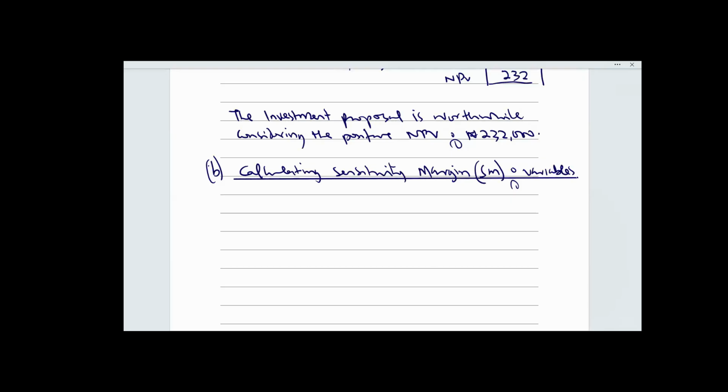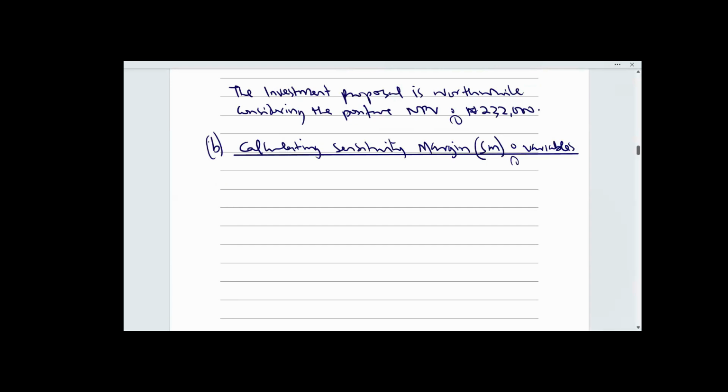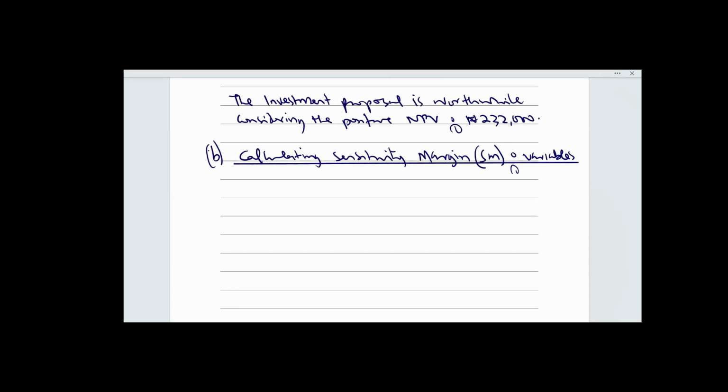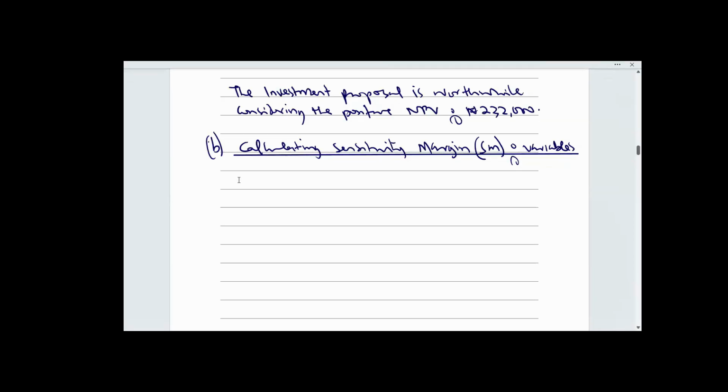According to the question, the first variable given to us is initial investments. So sensitivity margin of initial investments is calculated as net present value over the present value of initial investments multiplied by 100%.